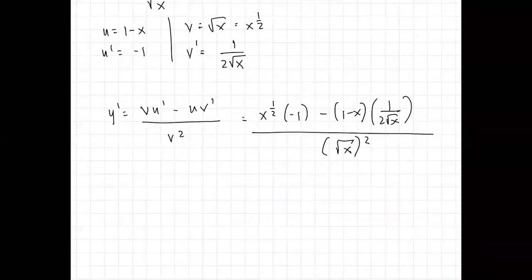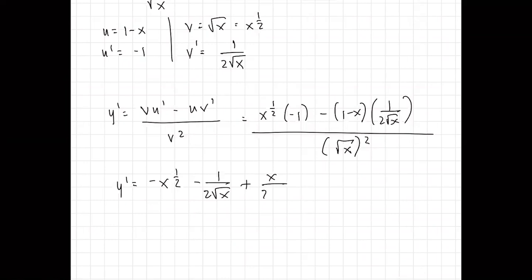Okay. Simplify, we have negative x raised to 1 half, and then negative 1 over 2 square root of x plus x over 2 square root of x all over x.